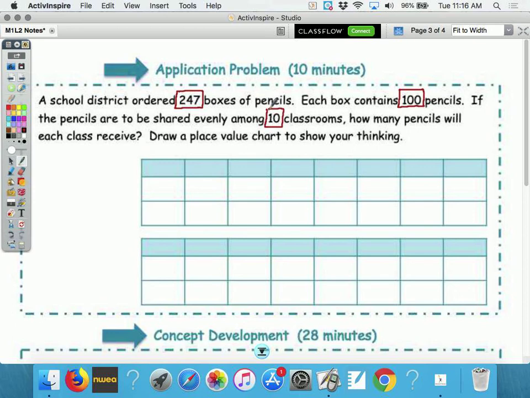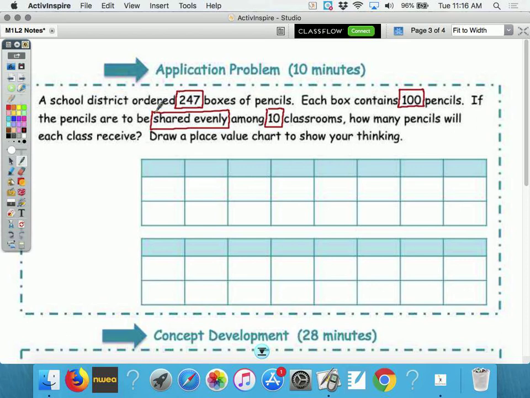So who sees a word that's going to tell us we're going to multiply? Divide? Okay, he says we're going to divide. What words tell me we're going to divide? Each class receive? You're in the right sentence. Evenly. Shared evenly. Very good. Okay, stop having side conversations.